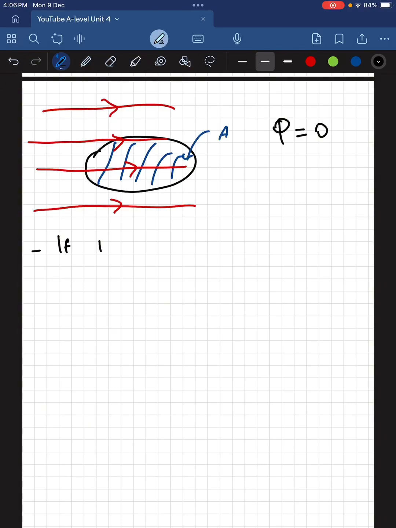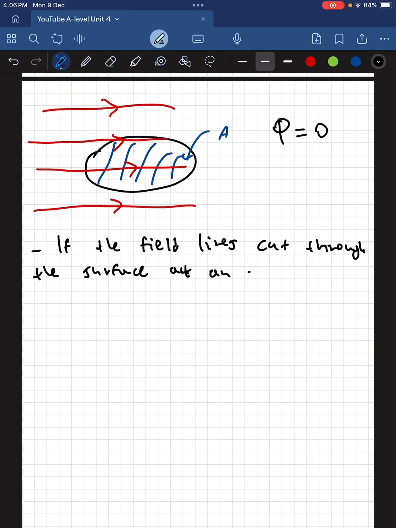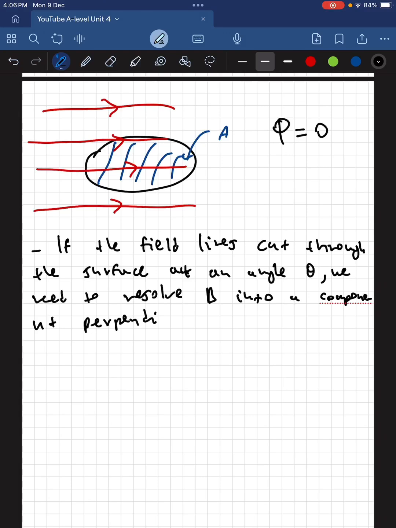So if the magnetic field lines cut through the surface at an angle theta, we need to resolve B into a component perpendicular to A, where A is the cross-sectional area.